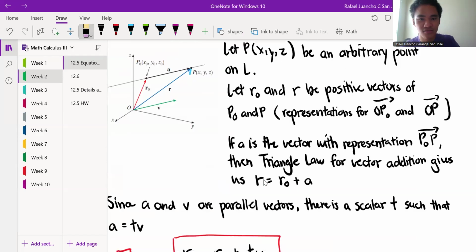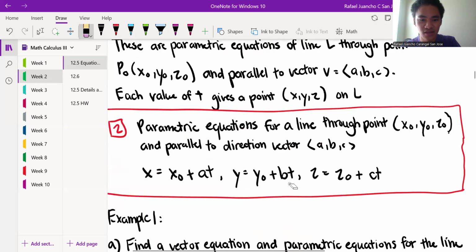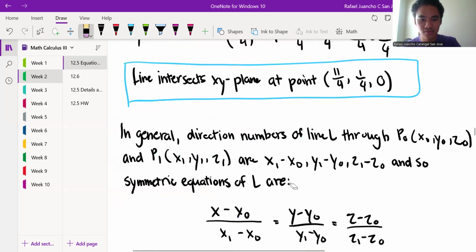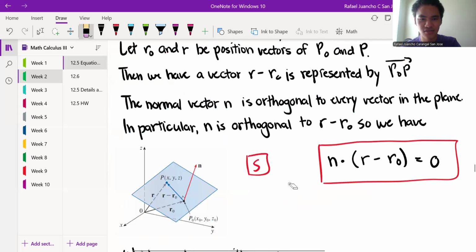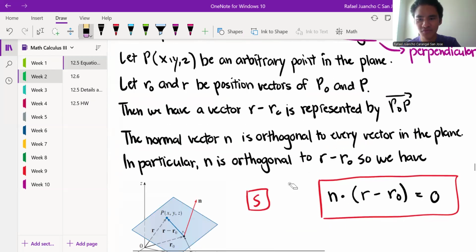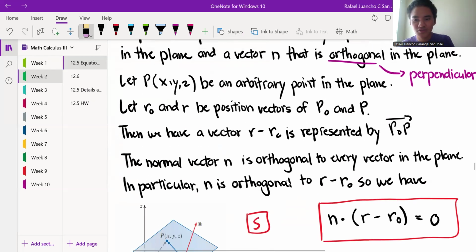Okay, so that's what that means. The normal vector, so they're position vectors: r naught and r are position vectors of P naught and P. And therefore, we have a vector r minus r naught.